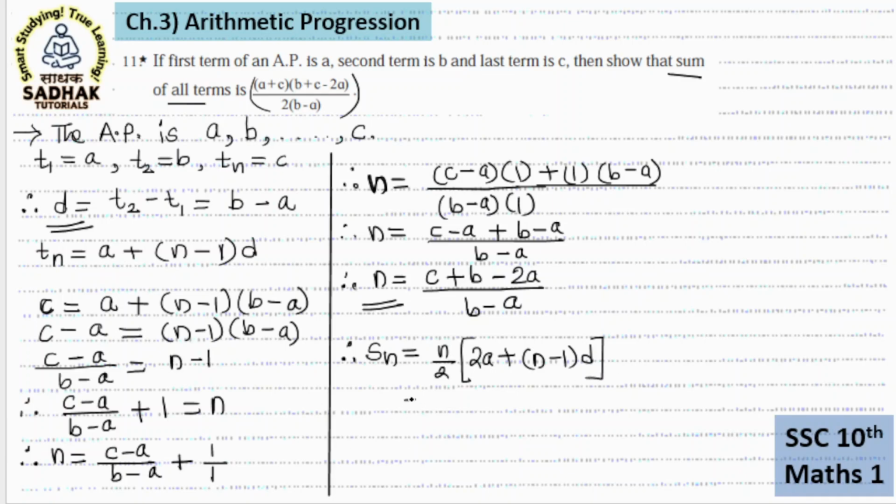Therefore Sn will be equal to, now we know that n is C plus B minus 2A upon B minus A, right? So we can put in that value.